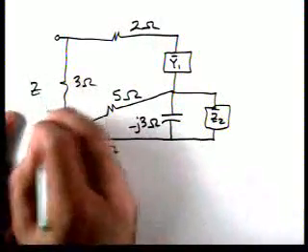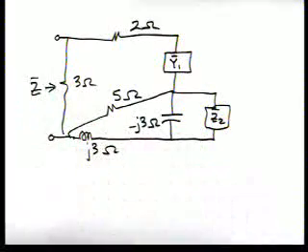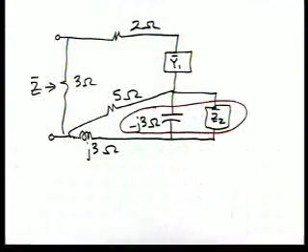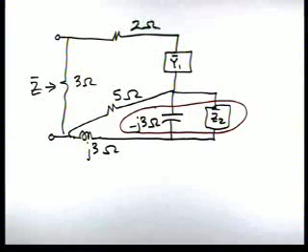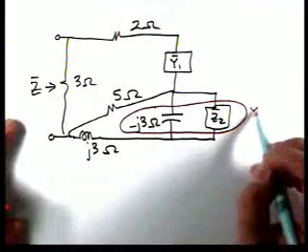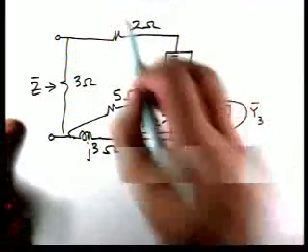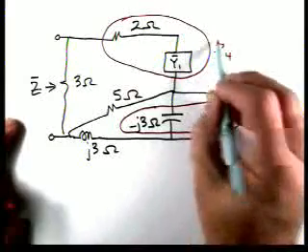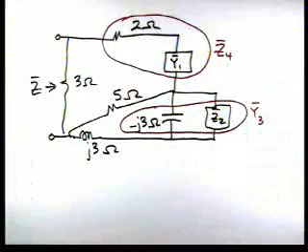And here's the impedance Z. Now, here are two elements in parallel, so we can convert those to admittances, and we'll call that Y3. Here are a couple of elements in series. We're going to call that Z4.